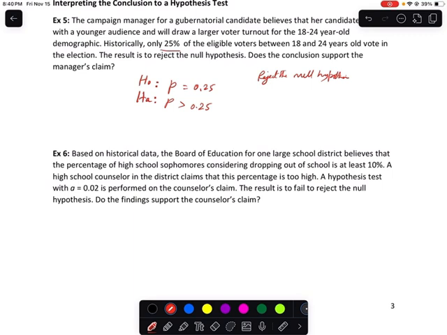So yes, it does, because we are rejecting the null hypothesis, which said that the total proportion is 25%, but the campaign manager said it will be more than 25%. So yes, the conclusion supports the manager's claim.